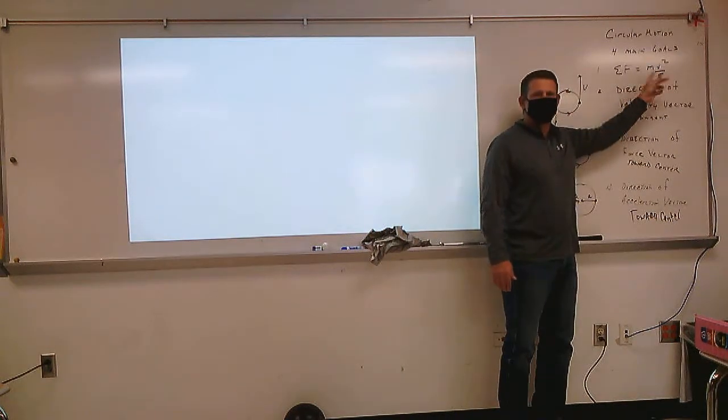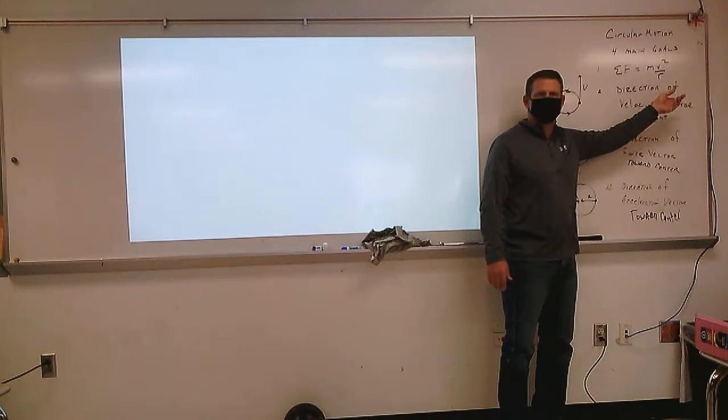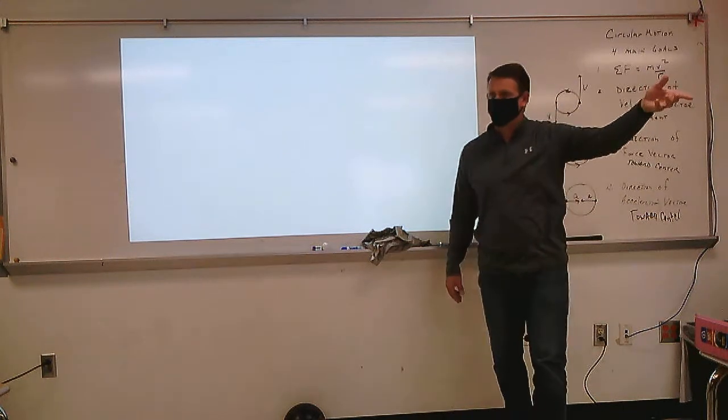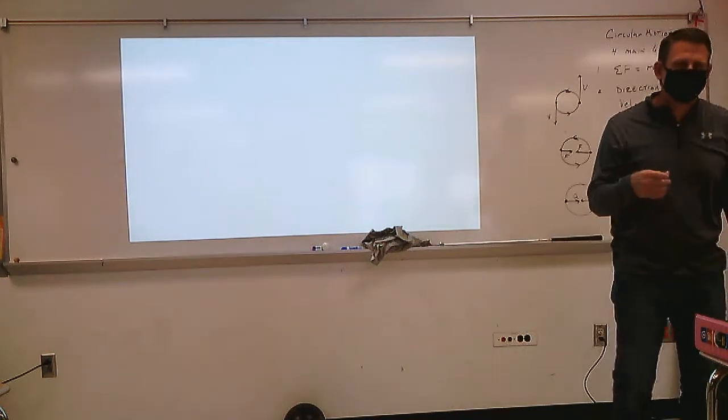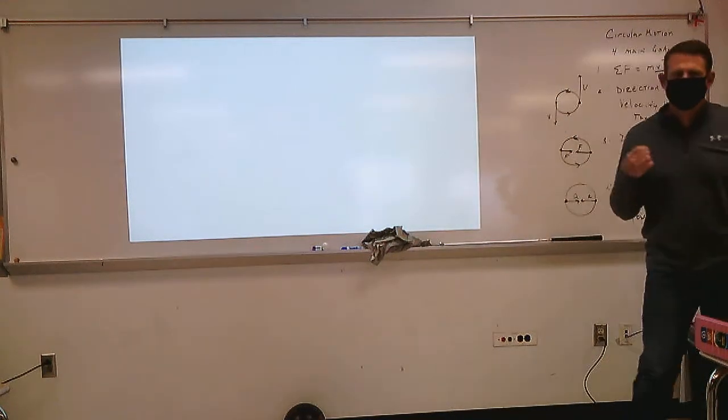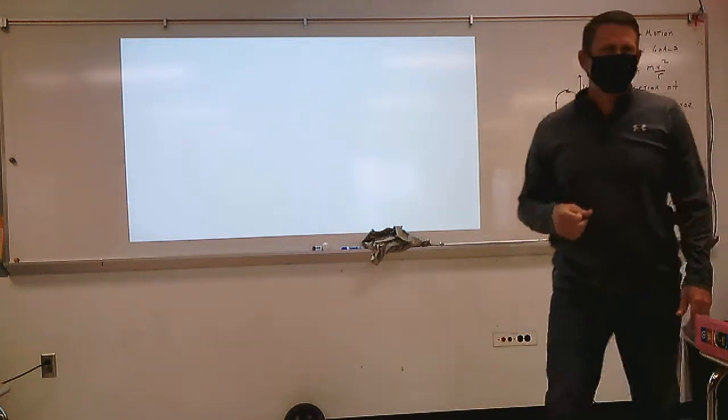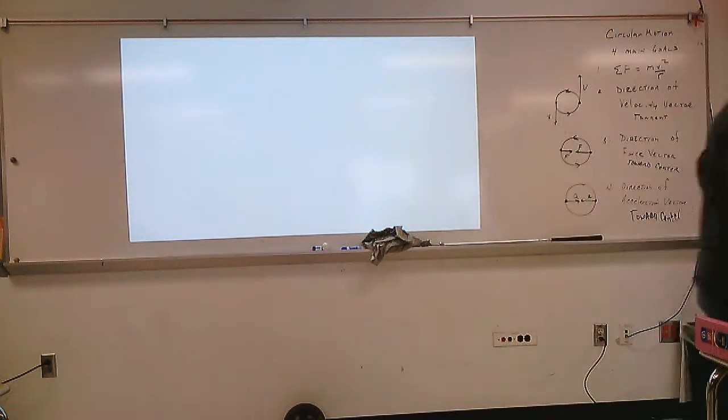So this thing is really just a version of sum of the forces equals m times a. Now, there are lots of different situations and circumstances where this circular motion stuff applies.